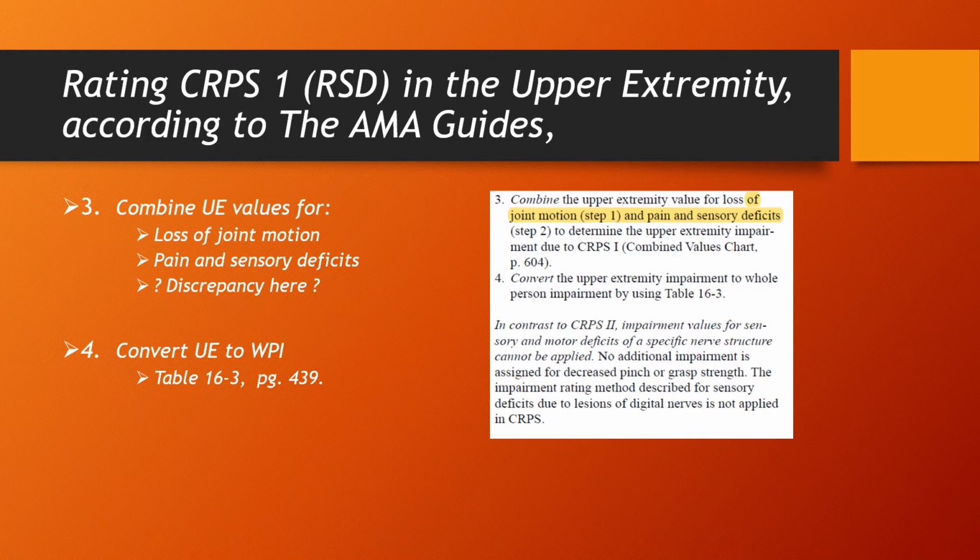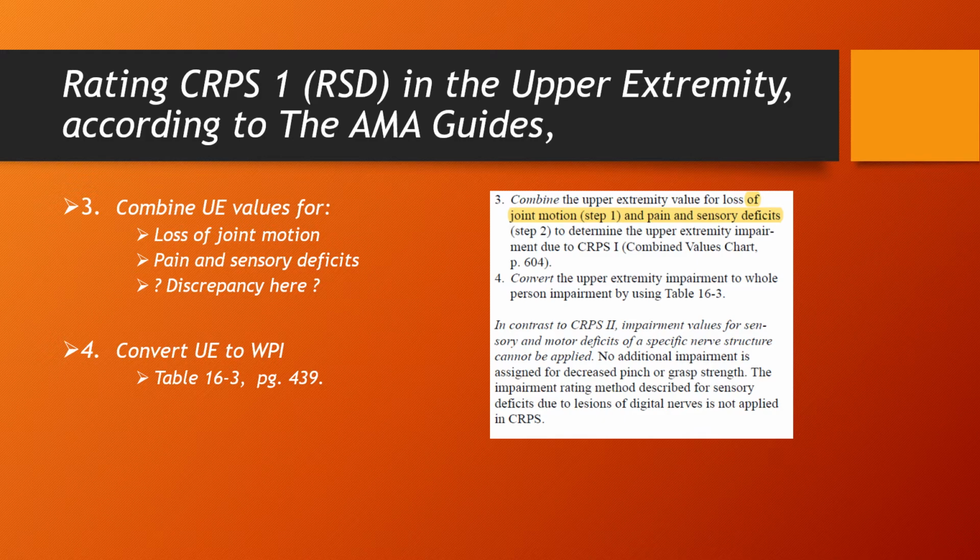When you're talking about pain and sensory deficits, aren't those very subjective? Those are subjective findings a lot of times. Very difficult to have objective findings when you're using the Semmes-Weinstein and or the two-point discriminator. So you have to be careful here. There's a little discrepancy with the guides.